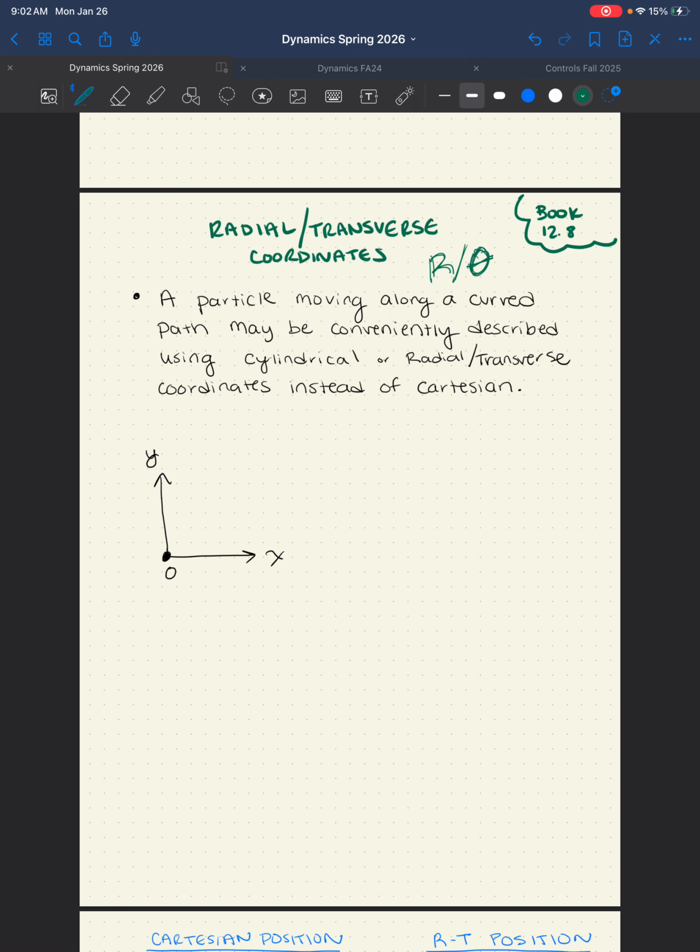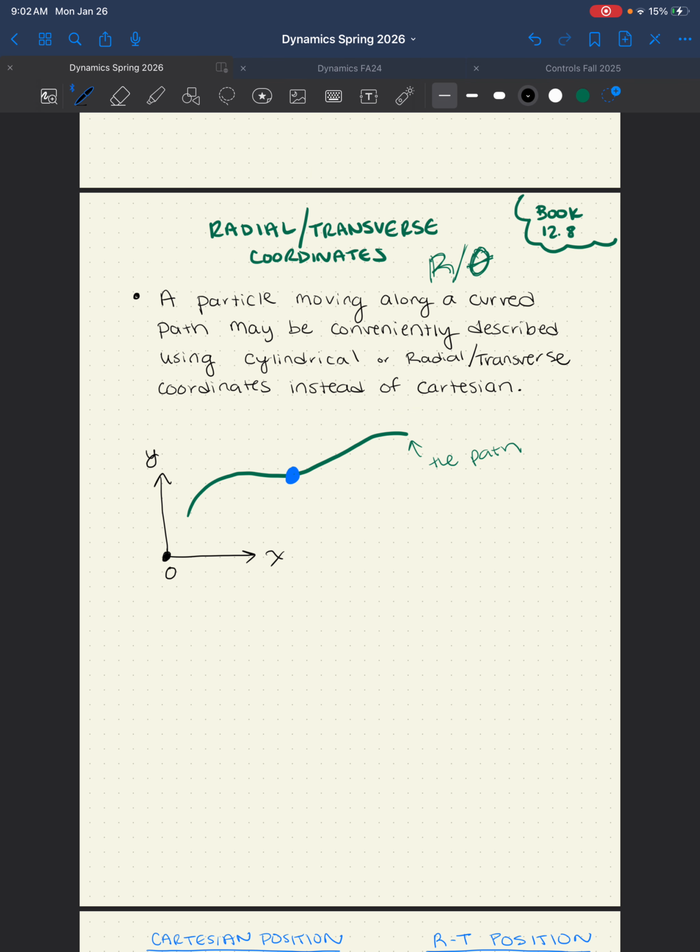Similar to normal and tangential, to draw the rest of it, we need to know what the path of the particle looks like. So this green thing will be the path, and we'll place my particle on the path maybe somewhere right here.